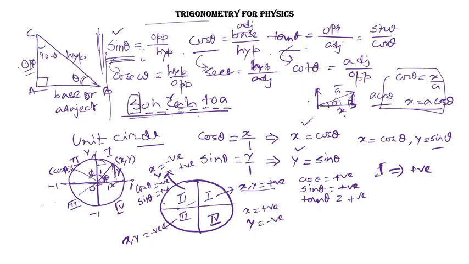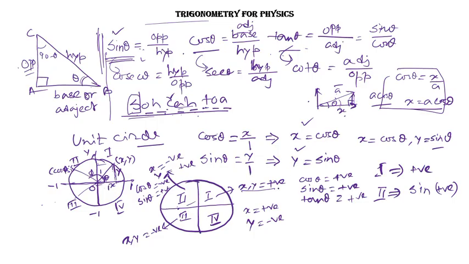So if one is negative and one is positive, sin by cos will be negative. So in the second coordinate, sin is positive, cos is negative, tan is negative. So only sin is positive. The other two functions, cos and tan, are negative.